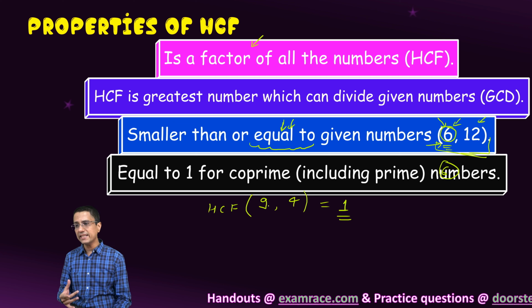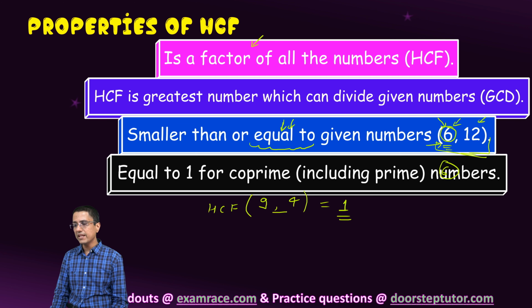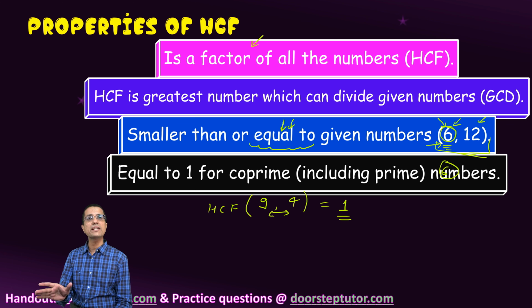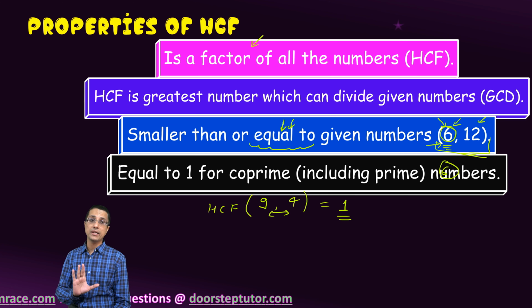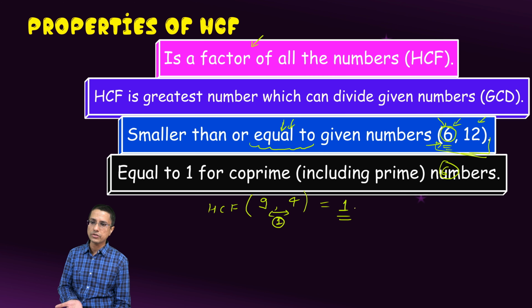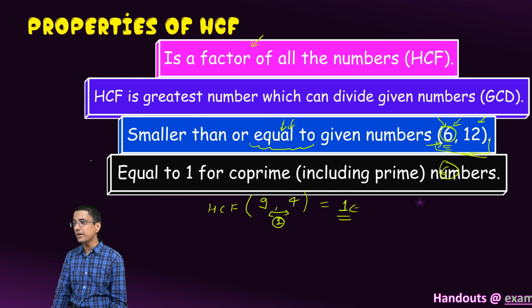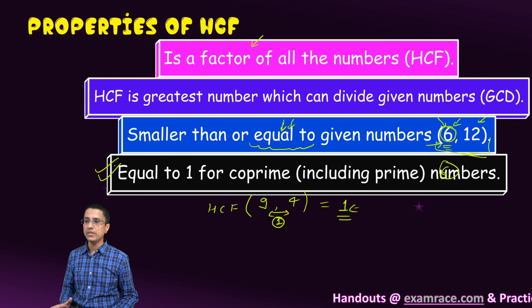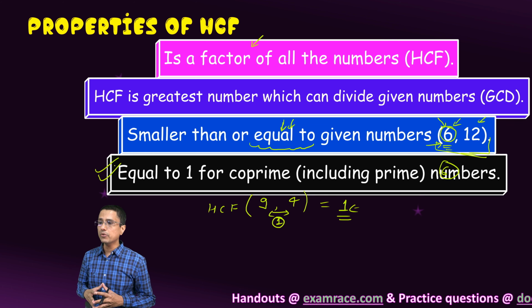We already say that two numbers are co-prime if there is no common factor between them except 1. So 9 and 4 are co-prime only because they have only one common factor, 1, and therefore the highest common factor would also be 1. So by definition this is true, but it is a very important property. HCF is always equal to 1 for co-prime numbers.